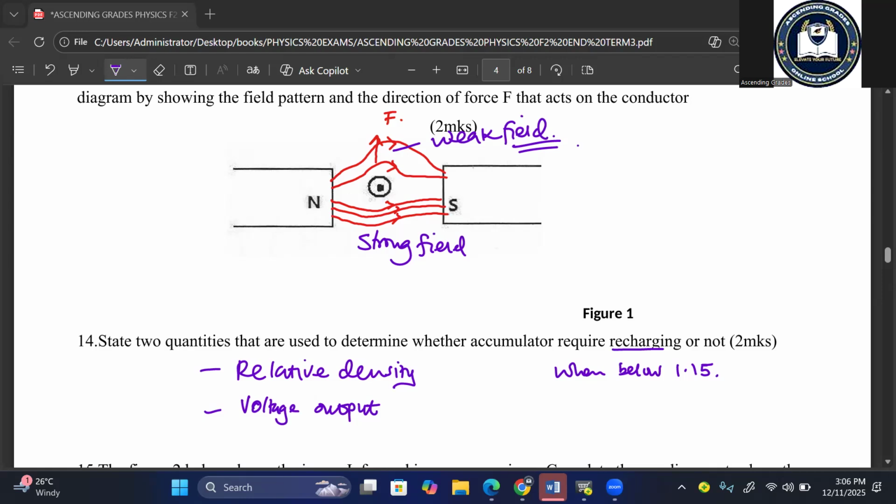Now this one, when it falls below 2 volts per cell, it means that it requires to be recharged.